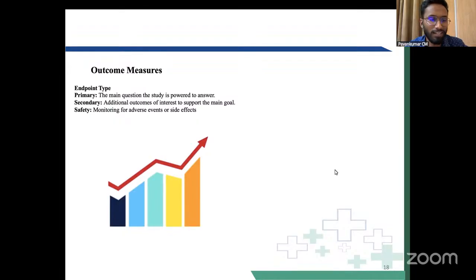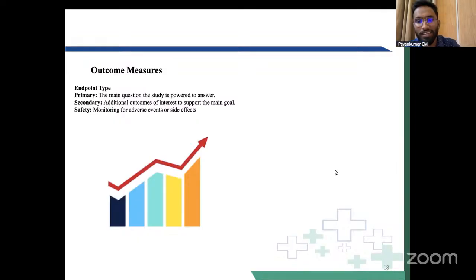Coming to the secondary outcomes, they provide additional information and may explain the results or explore related effects. Safety outcomes are essential to monitor any adverse effects, particularly in interventional studies. They protect participants and fulfill regulatory compliance.